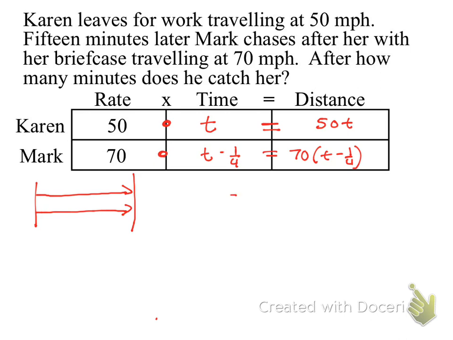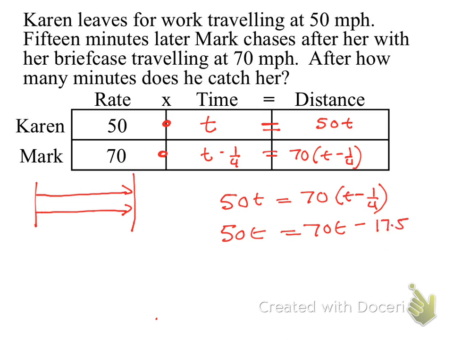So can't we just set these 50t equals 70 times t minus 1/4? 50t equals 70t minus 70/4, which is 17.5. Good. You guys do the calculator.